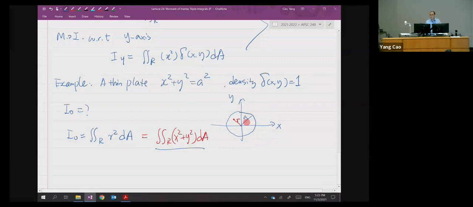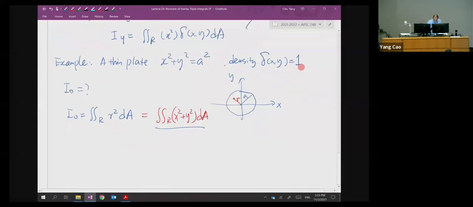So we should consider polar. So let's use polar coordinates to calculate this. If I use polar, that's where this x squared plus y squared turns into r squared, and dA is r dr d theta for polar coordinates. Then the next step is to find limits for r and theta.